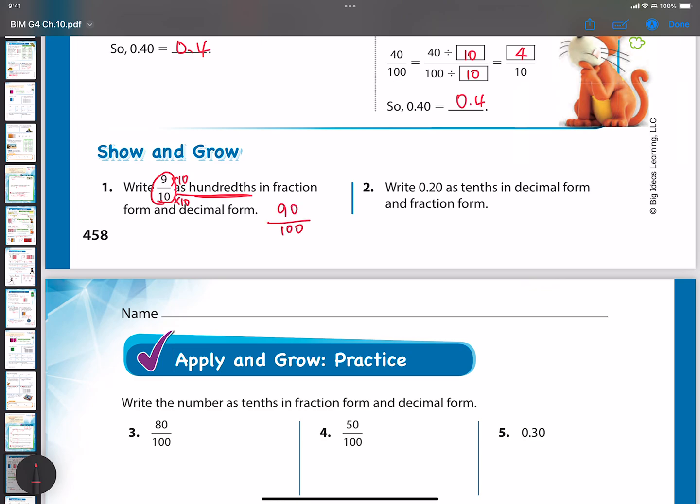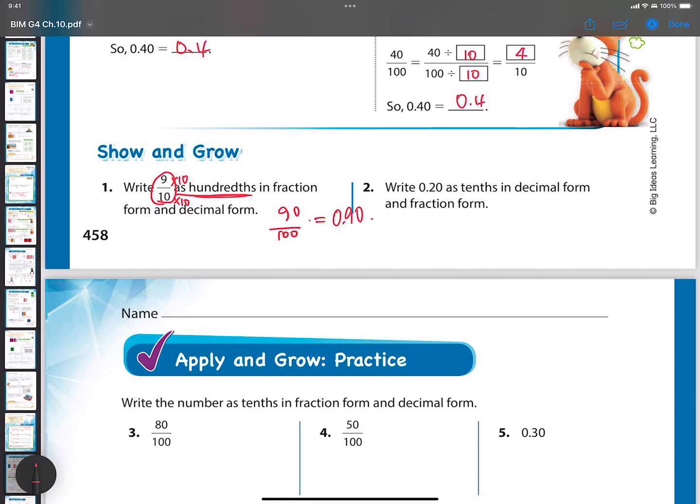And in decimal form it is 0.90. I did this to show you how to make this decimal, but you shouldn't leave this in your answer. In fraction form, the answer has to be 90 hundredths.